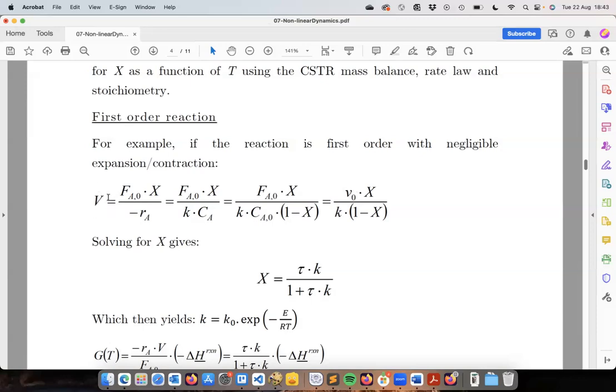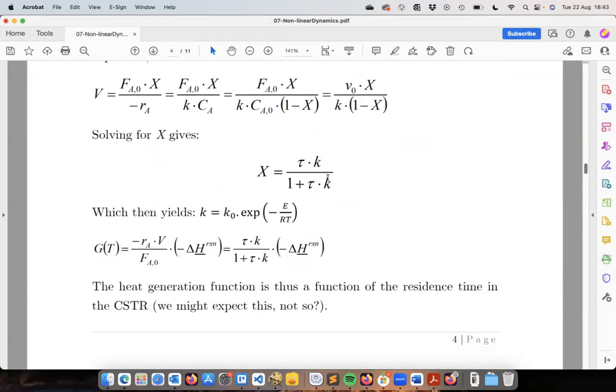So we've got a volume and a volumetric flow rate here. So of course, we like to divide by that and get a nice tau here. So if we do that, then we'll have tau equals x over k times 1 minus x. And then if we make x the subject of the formula, then we'll get this expression. So that's how x is varying with k and tau.